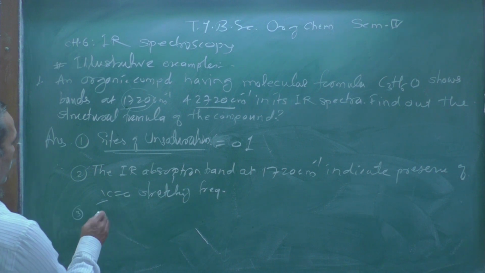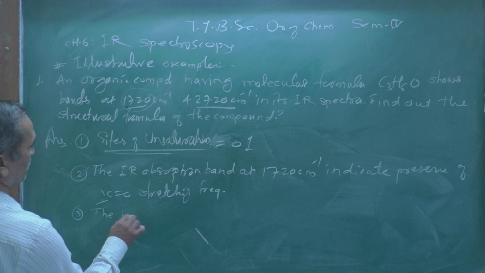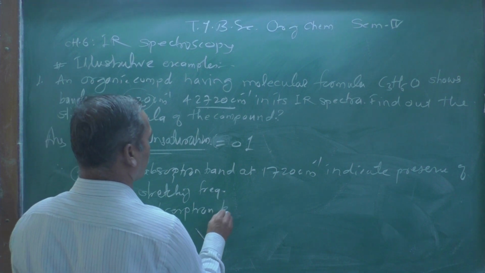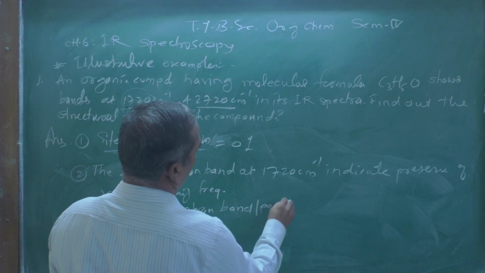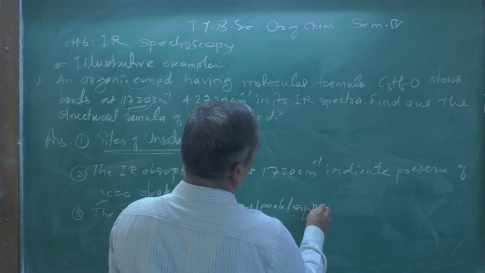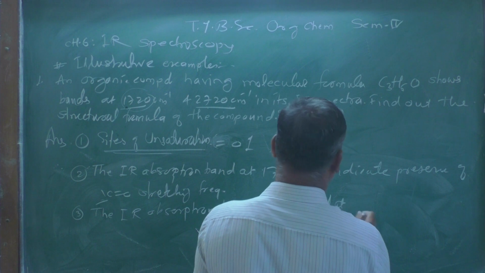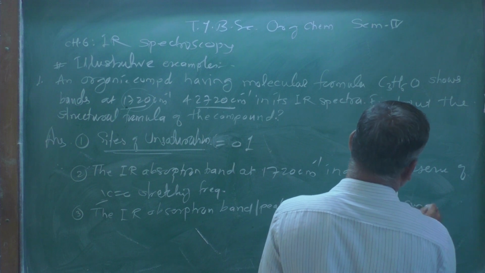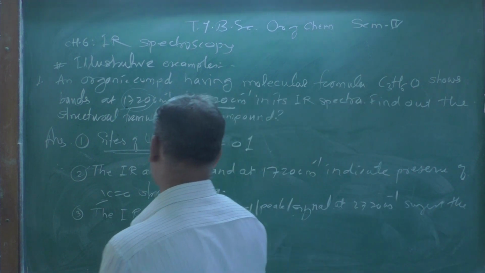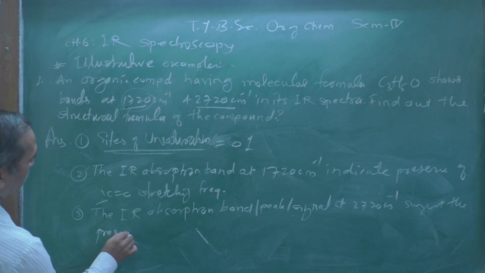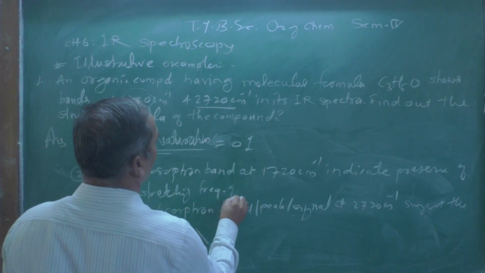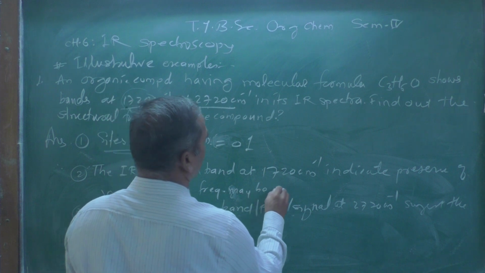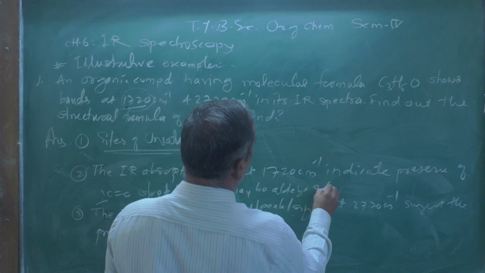Third point: the IR absorption band, or you can call it a peak, or a signal, at 2720 per centimeter suggests the presence of the stretching frequency of a carbonyl group, may be aldehyde or ketone.